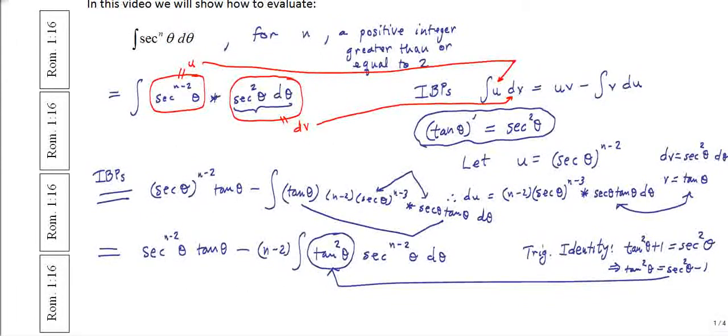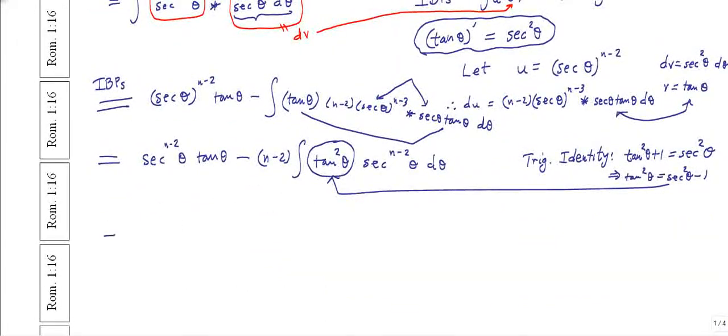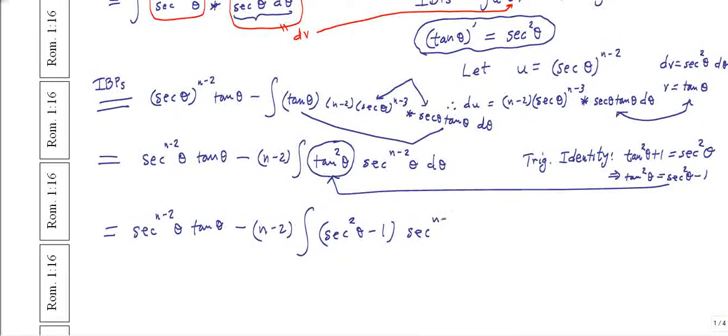And so when I do that, I find that this is equal to secant n minus 2 theta times tangent theta minus the quantity n minus 2 times the integral of secant squared theta minus 1 times secant to the n minus 2 theta d theta.